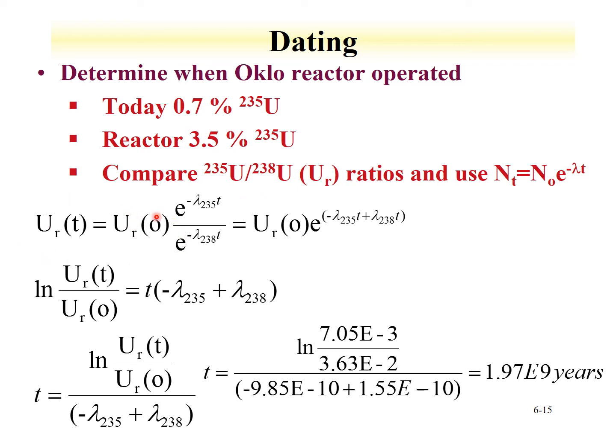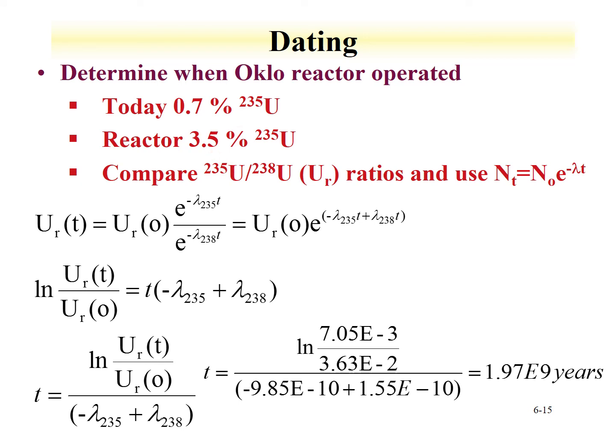So let's just explore an equation where we say, let's compare the ratio of uranium-235 to uranium-238 and use this fundamental equation. The ratios I'm going to base upon the fact that today the 235 is 0.7% of the uranium.